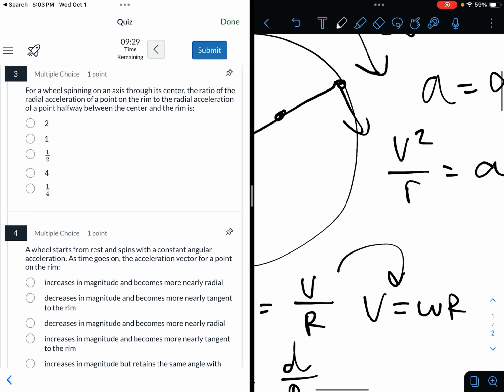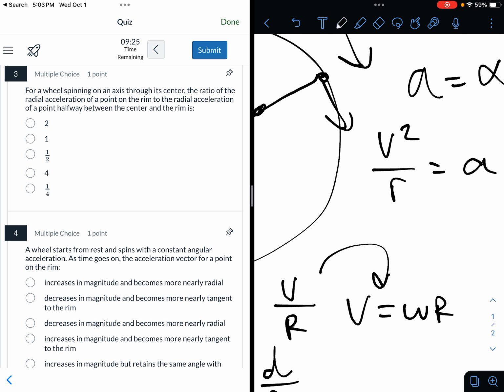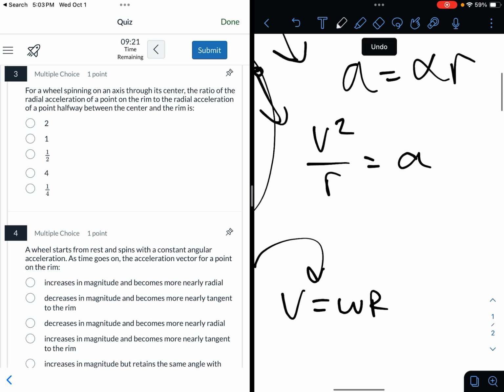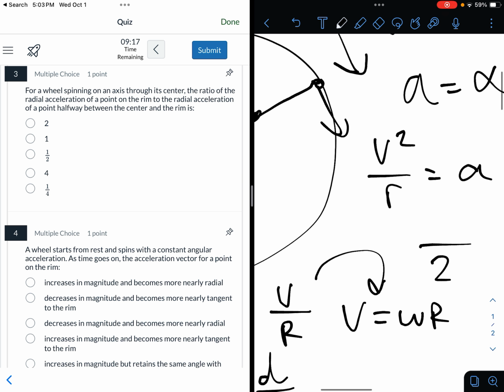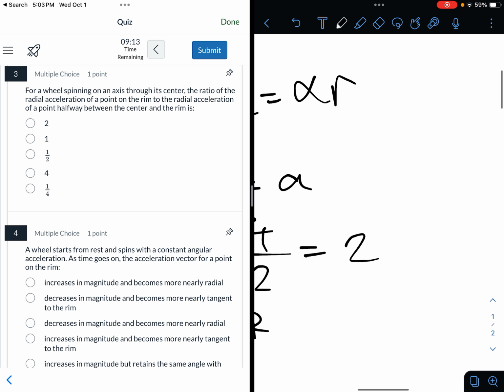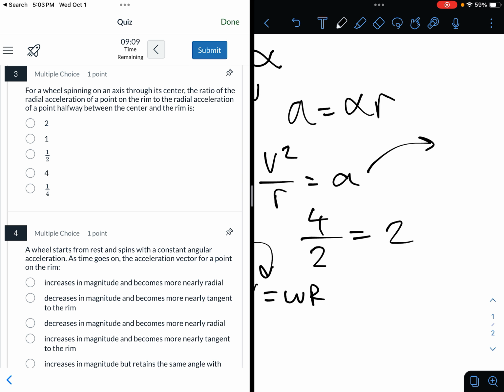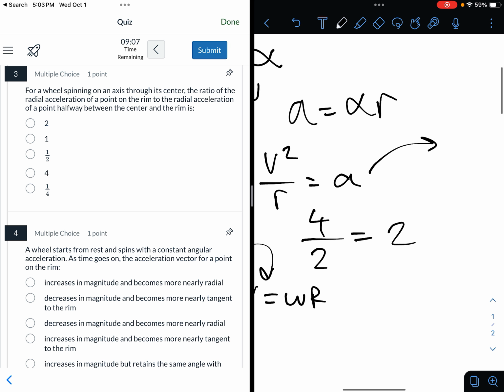It becomes a little bit crazy because if you're twice as far, you have double the radius, but you would also have double the speed. You square that, you have 4 times, so it should be a ratio of 2. And remember, wait, no. Does that make sense? You have twice the radius.